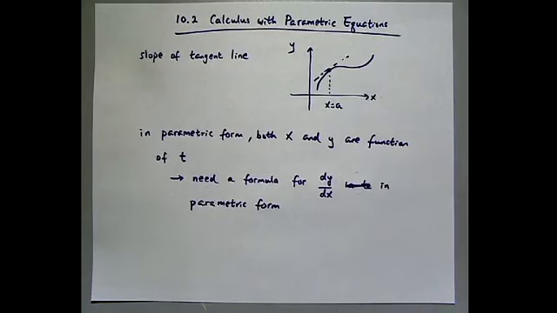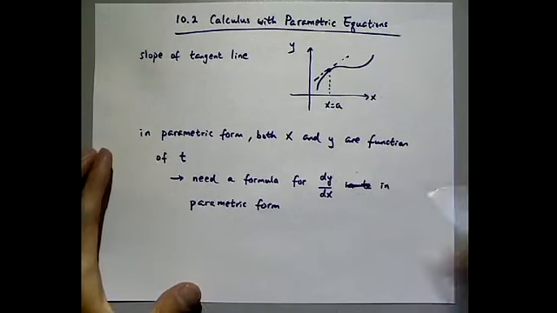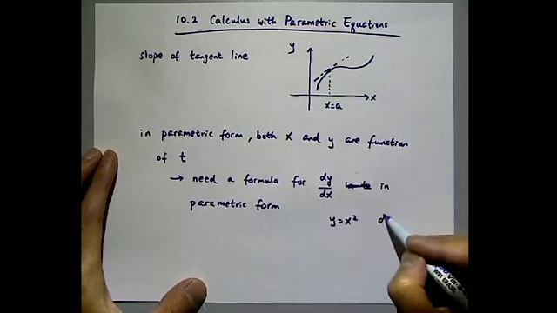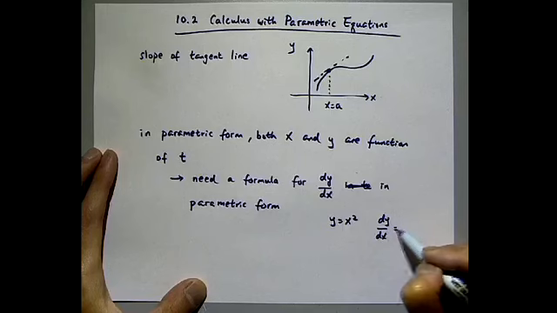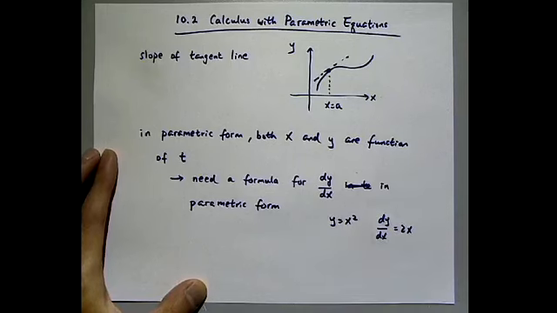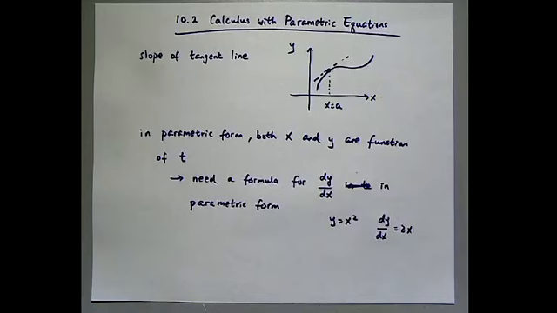If we know y as a function of x, for example, y is equal to x squared, then dy dx is 2x. Well, that's easy. But what happens when x and y are both functions of a third variable? Obviously, this is going to be a little bit more complicated because the formula now has got t all over the place. We have to modify dy dx to get the formula for the slope.